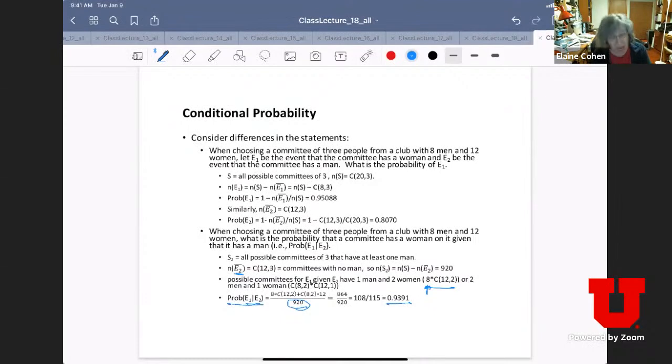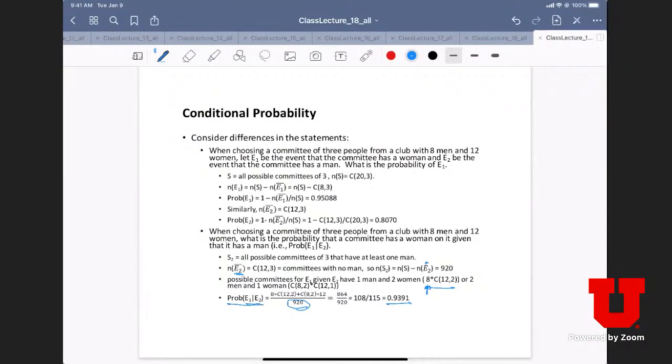So the complement of E2 says there are no men, which means all women. So I'm subtracting the all woman case. So now I have committees that have 1 man, 2 men, or 3 men.